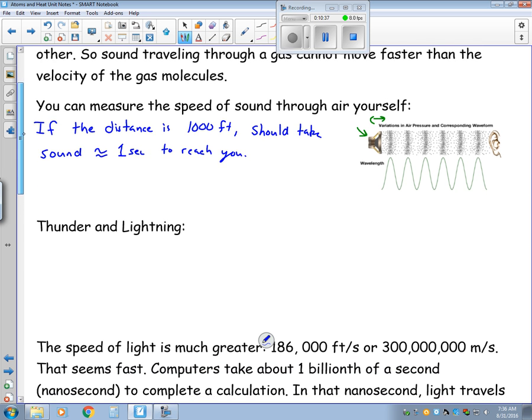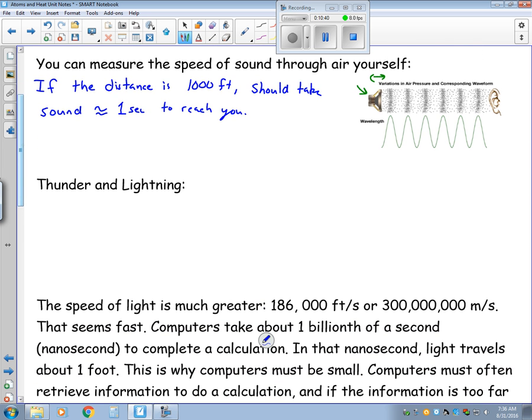Another way to measure the speed of sound is through thunder and lightning. And this is one that you can do during the next thunderstorm.